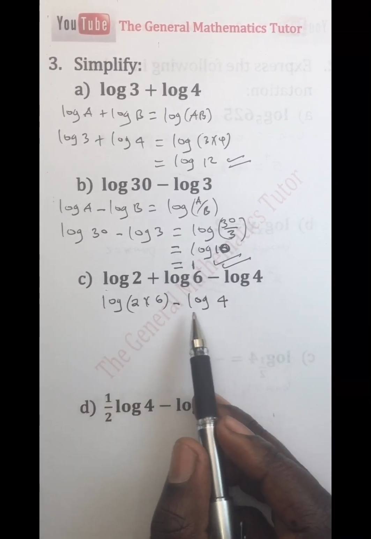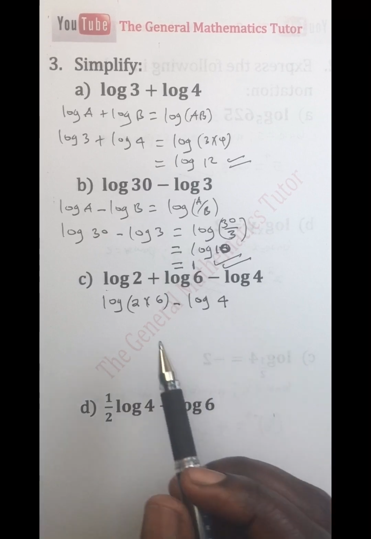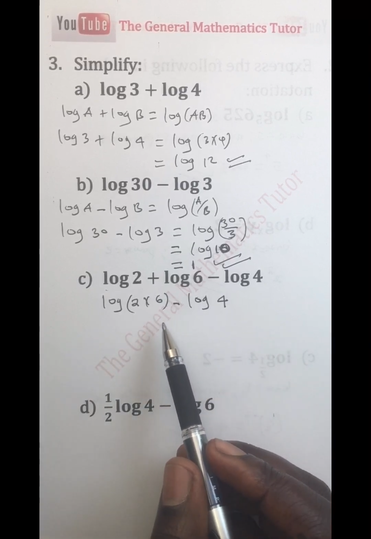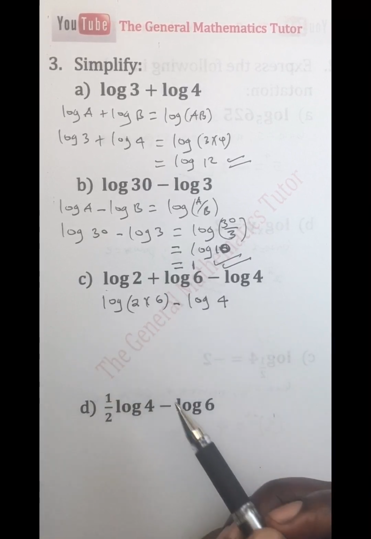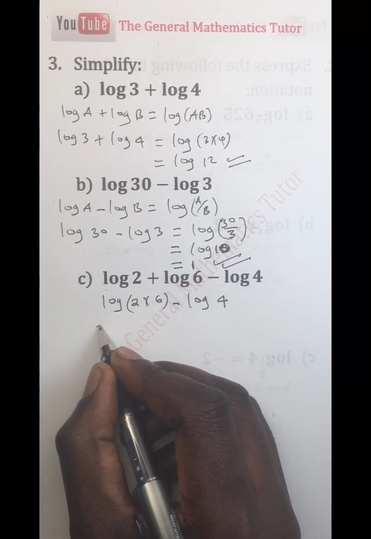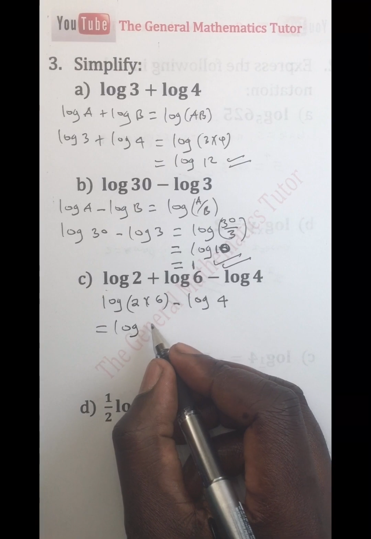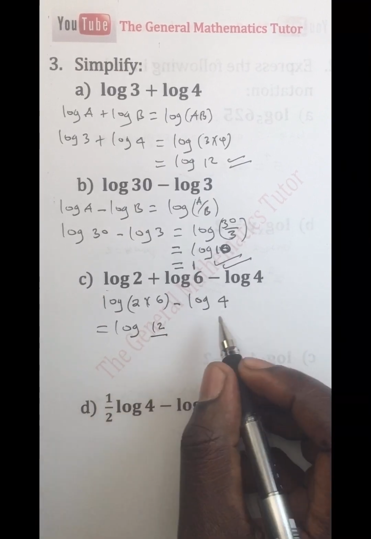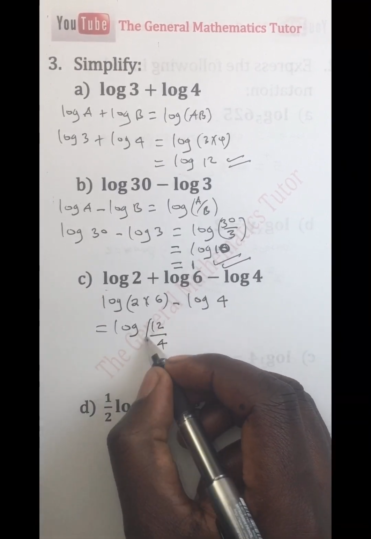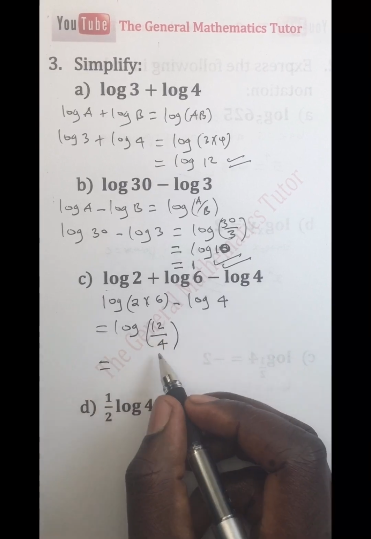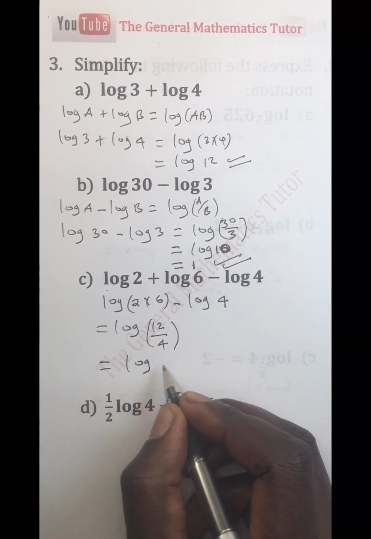Now between these two, we are going to apply the second law, which says that if there's a difference of logs, that's the same as the log of the quotient of the two. So it means this is the same as the log of 2 times 6, that is 12, over 4. So 12 divided by 4, that is 3, so we have the log of 3.